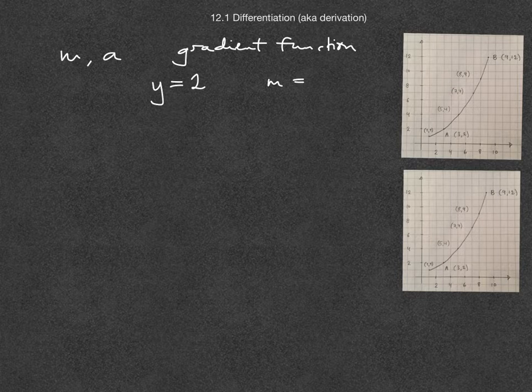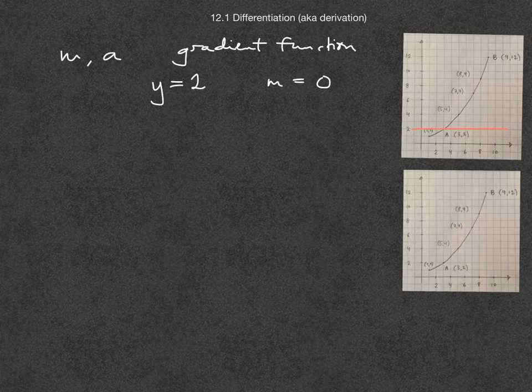So I can draw it on the side here, and y equals 2 would look like this. So it's a straight horizontal line breaking the second axis at the point 0, 2. This line doesn't rise, so it's fair to assume that it has a gradient of 0.